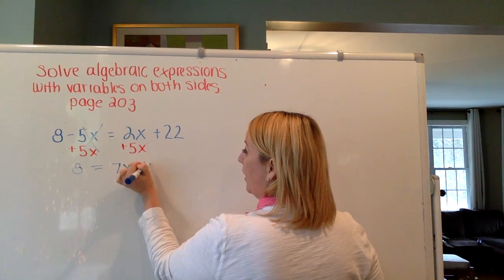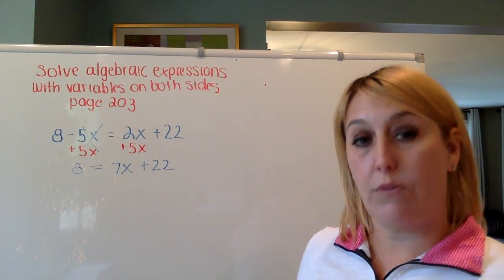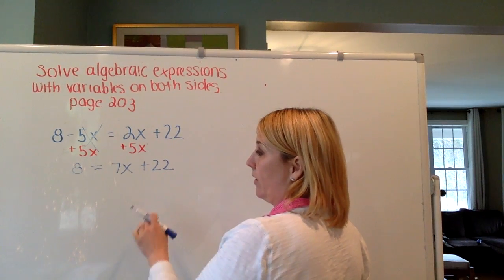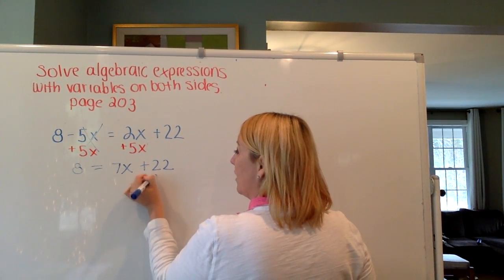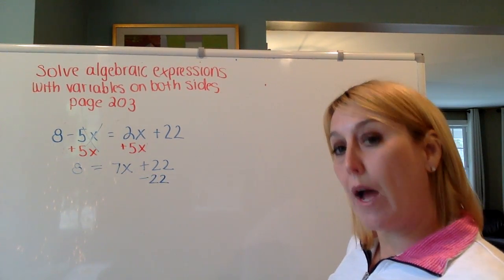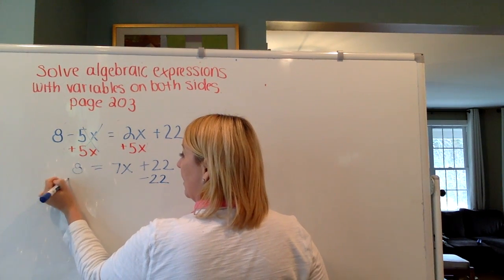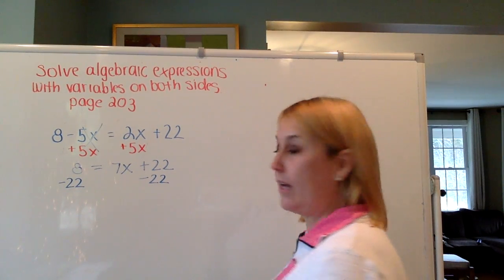And then we've got this plus 22. So now our hand is forced. What we have to do here is get rid of this constant, right? Because we want to isolate the variable. So the way to get rid of positive 22 is to subtract 22. But if we subtract 22 on this side, we need to subtract 22 on that side.